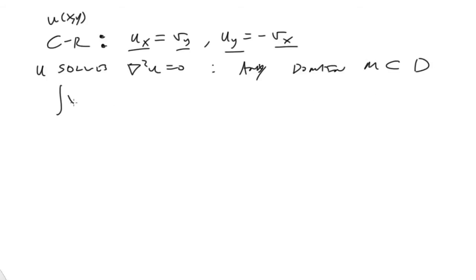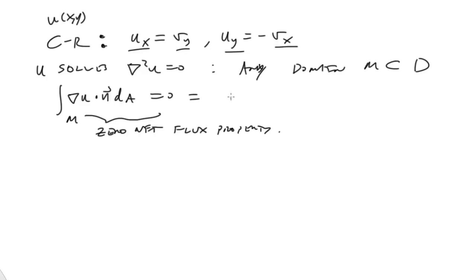The integral of the gradient field of u dotted with the normal, dA, over the boundary of M is going to be 0. And this is, of course, the zero net flux property.